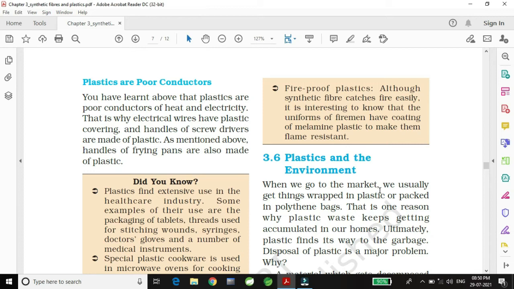We have already read that. So we know that plastic is a poor conductor of heat and electricity. That means heat cannot pass through plastic, and electricity cannot pass through plastic. So we mostly use plastic in the covering of wires or in screwdriver handles.